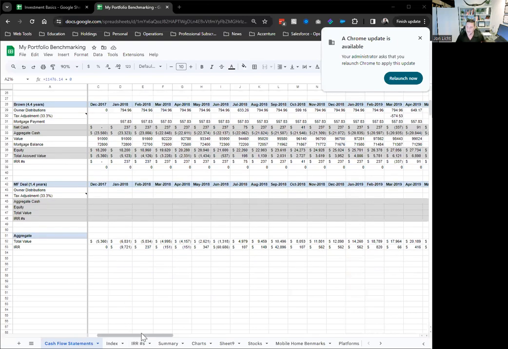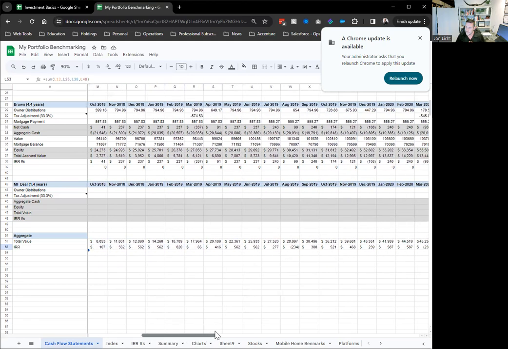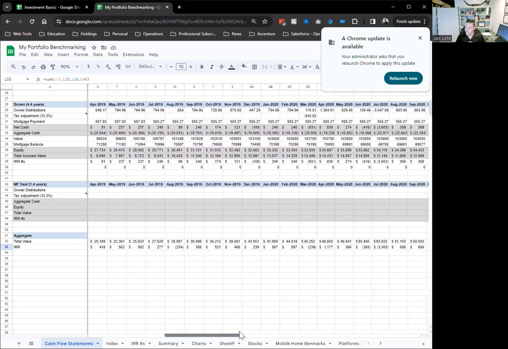The last two things I'll cover: this aggregate here is really easy. I just summed up the total value for everything and the IRR numbers. So you can see I bought a house this year, I made some cash. I bought a house with cash this year. You keep going. I refinanced that house in this year. I'm making cash flows with those properties.